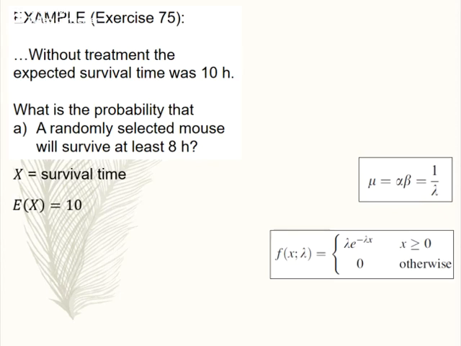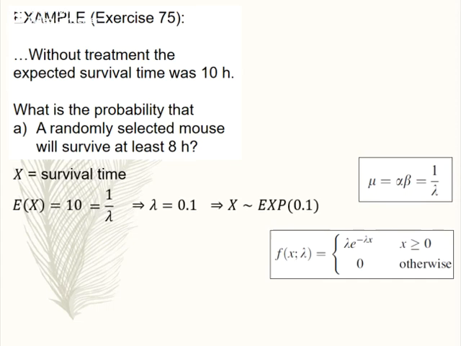In this case, lambda is equal to 0.1, and this is how you get it. Remember, the expected value for an exponential distribution is 1 over lambda. So if you make this equation and solve for lambda, you end up with 0.1. A lot of students make that mistake where they just take the mean as the parameter, which is not correct. So in conclusion, x follows an exponential distribution with parameter 0.1.